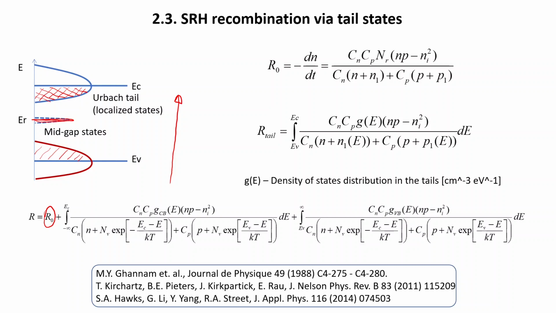You can see we have actually the same equation here as we derived previously in this integral. It's just that here it stands instead of N1, and this stands instead of P1. So it's N1 and this is P1.